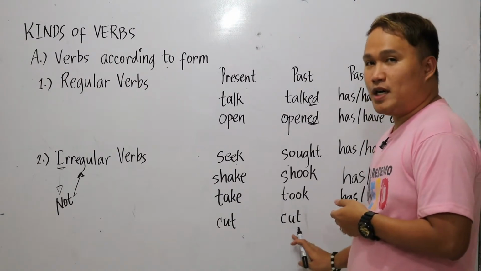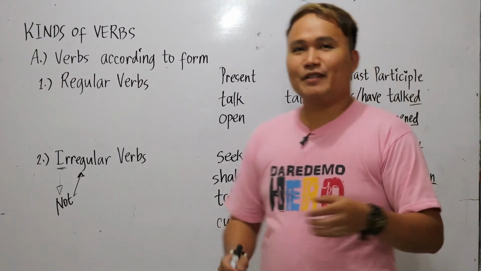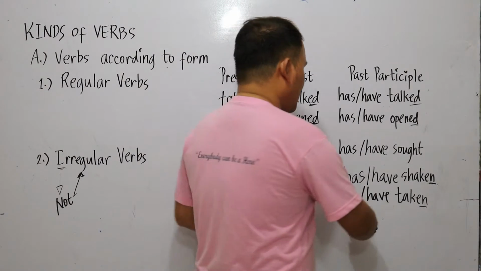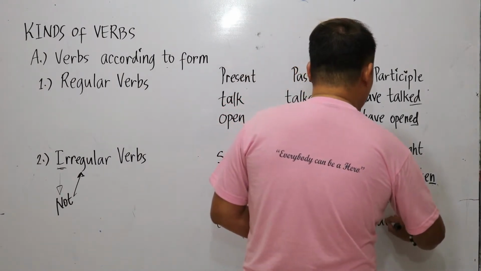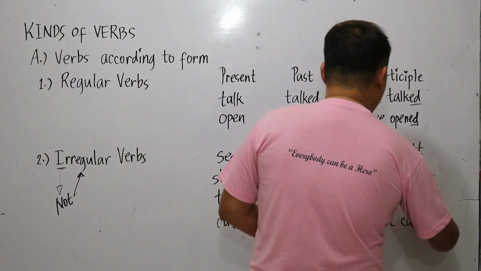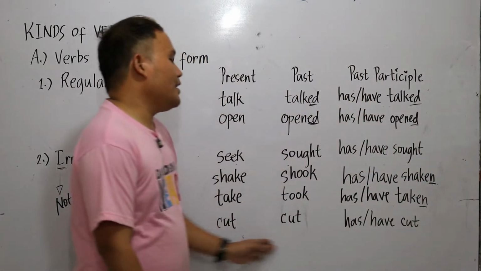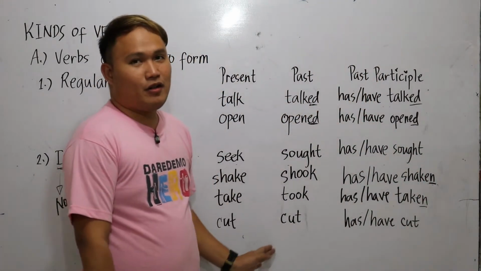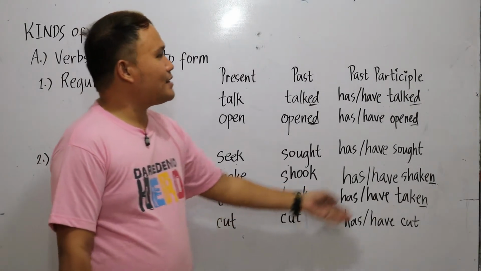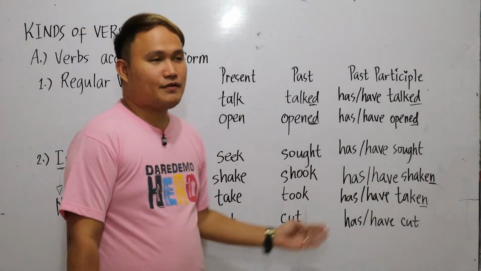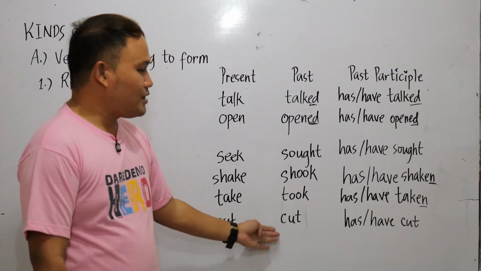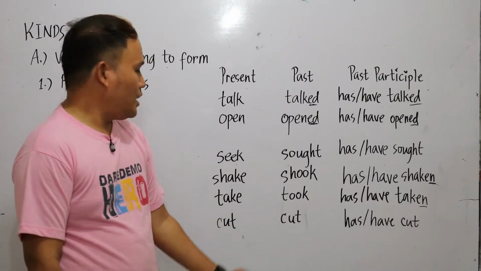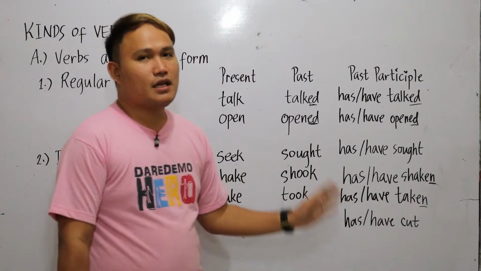Same form, cut. Same form again for past participle. Still has or have cut. So notice there's no change at all. Okay? Cut, cut, has cut, or have cut.